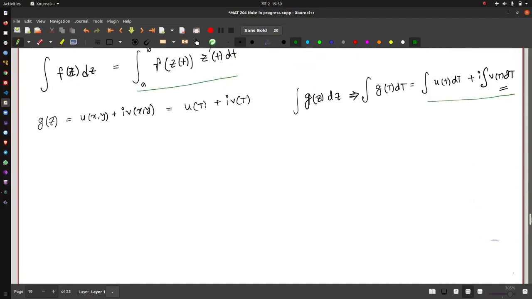Now before we move on, there is a thing that we need to discuss. If you have a curve on a complex plane that is parameterized at every point with some parameter t, and let's say this is our curve, and you are going from A to B, then you would go this way, right? And if I tell you that you are going from B to A, you would have to go this way.